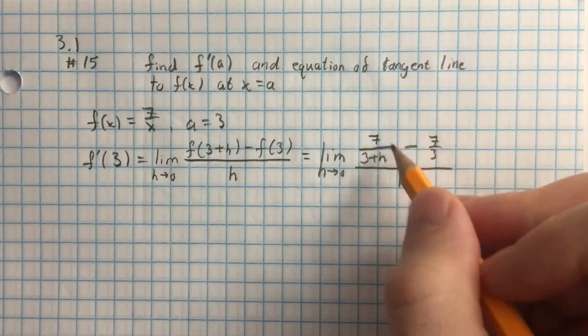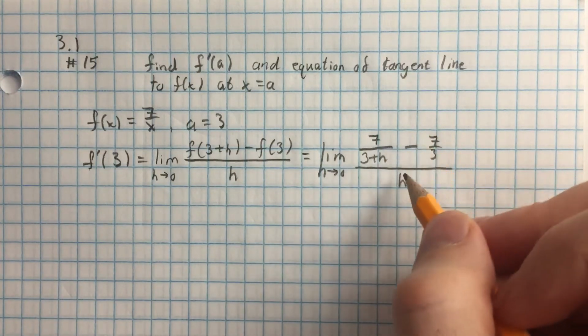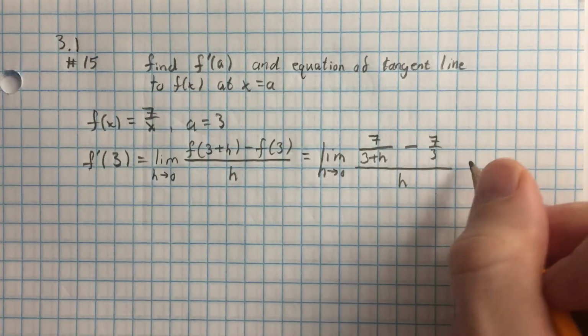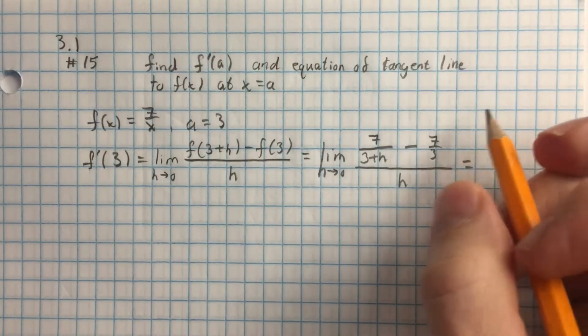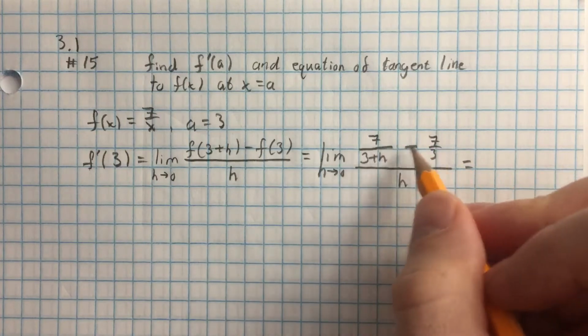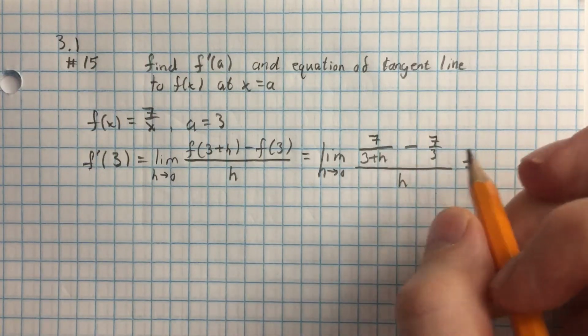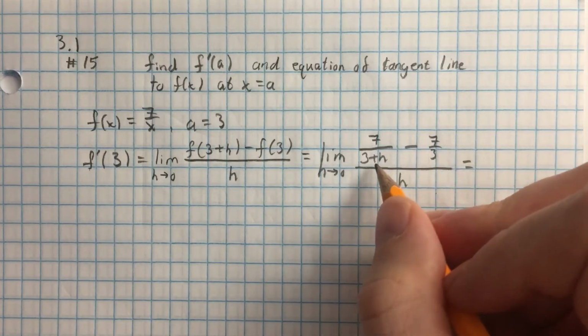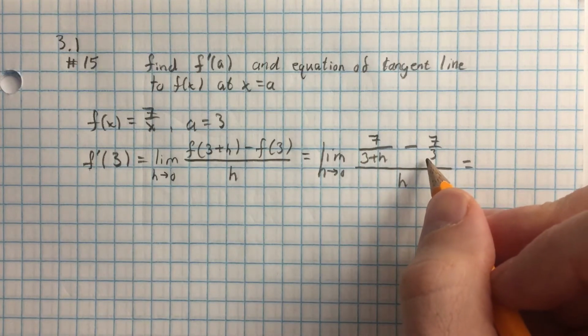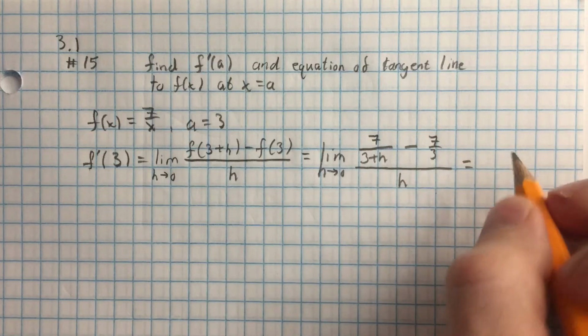Again, there must be some kind of hidden factor of h up here to cancel with this, if this is to work out properly. So the easiest thing to do is probably just to combine these two into a single ratio. So I need a common denominator between 3 plus h and 3, and that is their product, 3 times 3 plus h.